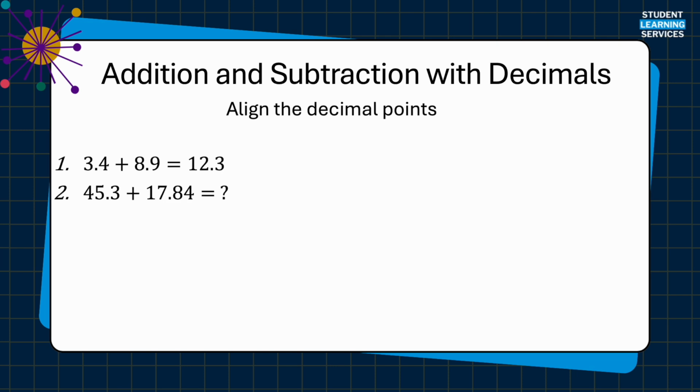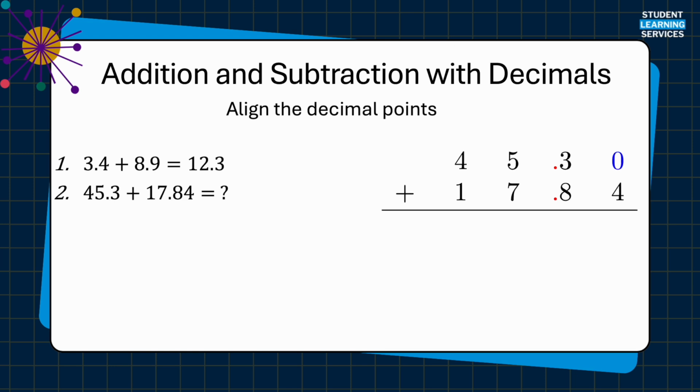Let's look at the second example, 45.3 plus 17.84. Can you try to set this up first? Well, the correct setup is like this. The key point is to align the decimal points, not the numbers themselves. Because on the first number after the 0.3, we don't have anything else, we can add a 0 there.